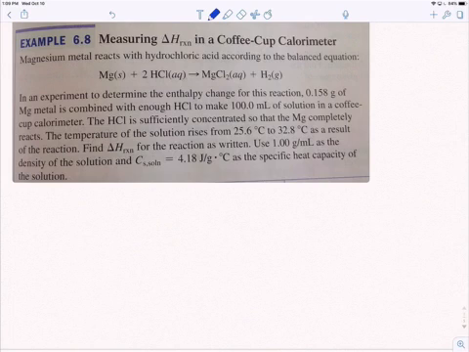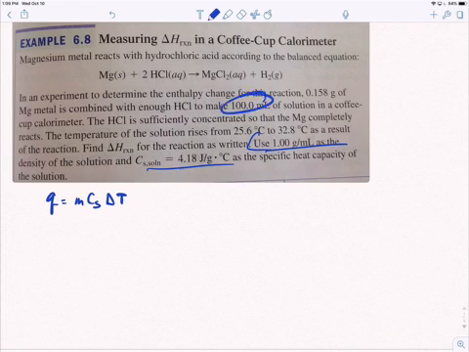So from the previous talk, we know that we're going to use q equals m c s delta T, because you're given the specific heat capacity, and then you're also given a density, and it's 100 milliliters. So our mass is 100 milliliters times 1 gram per milliliter, so it's 100 grams.